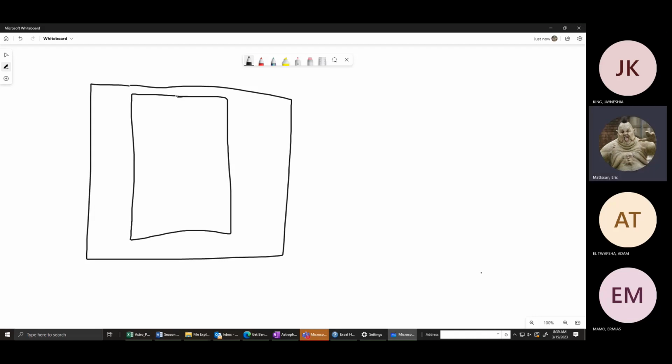Then you're going to separate the piece of paper in half lengthways and widthways. It doesn't have to be exact here. And then you're going to take your pin and put your pin right in the center spot there. Okay, so that's the first thing.